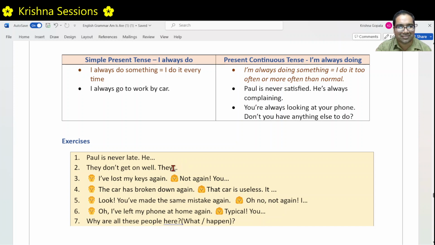We don't want to say that they fight every day between this time and that time. So instead we say they are always arguing. Here we are using present continuous, though we are using always.